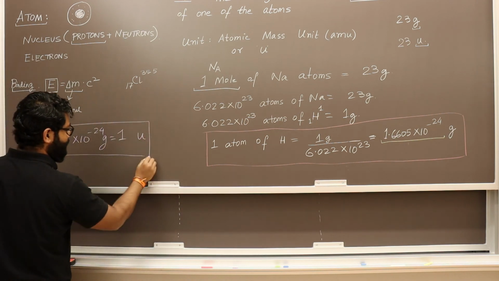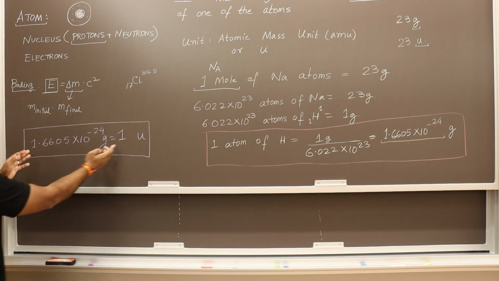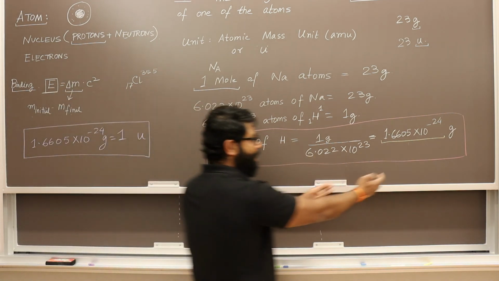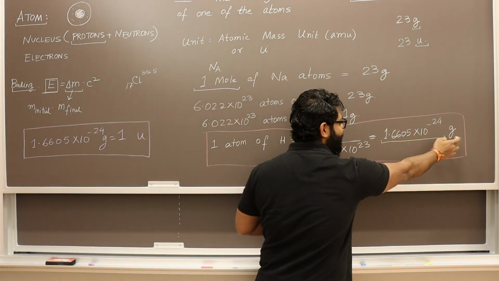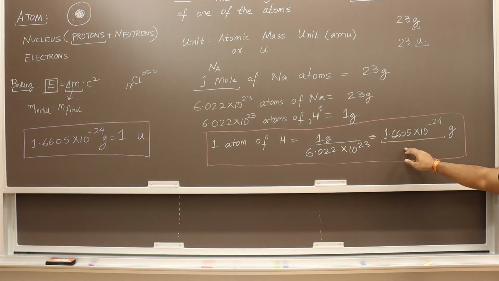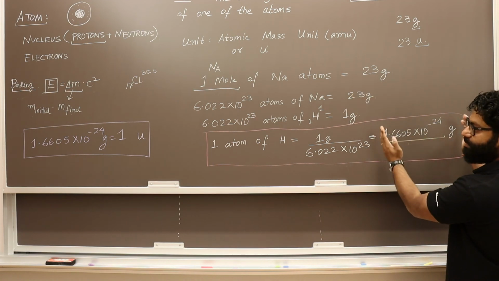Now, if we assume this, then we can say that if this is 1 unit, one atom of hydrogen weighs 1 atomic mass unit. This is basically 1 AMU, or 1 U, atomic mass unit.